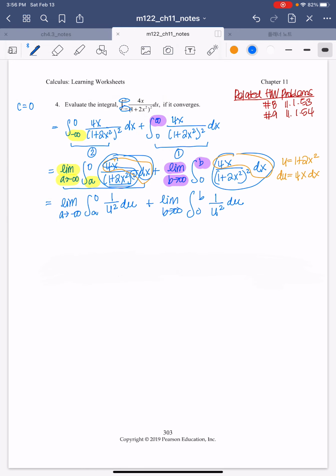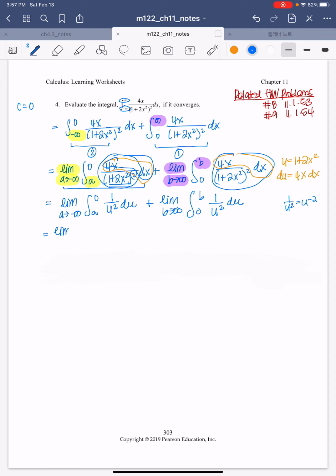Okay, so let's keep going. Now I'm looking at this and I need to take the antiderivative of 1 over u squared. You can think of 1 over u squared as u to the negative 2. So we raise the power divided by the new power: negative 2 plus 1 is negative 1, divided by negative 1.